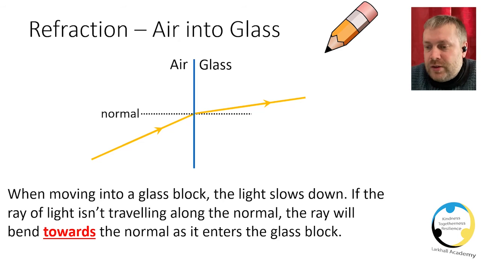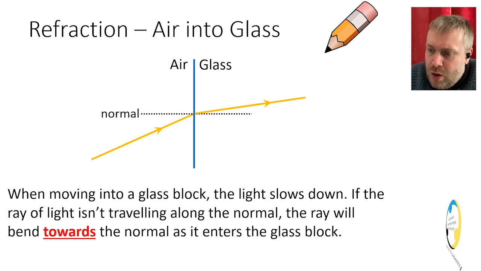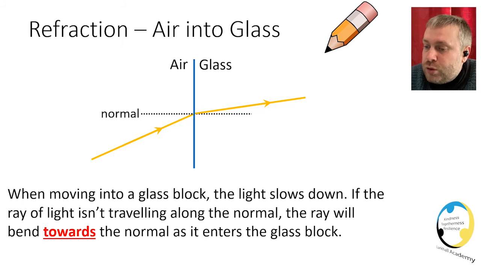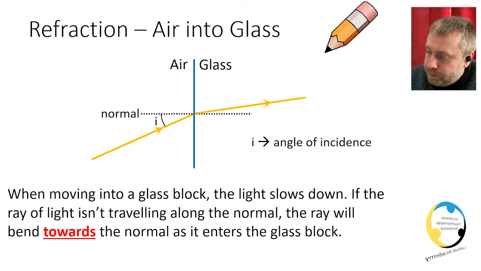So our note that we need to write down: when moving into a glass block, the light slows down. If the ray of light isn't travelling along the normal, and we'll come back to discuss that in a minute, the ray of light will bend towards the normal as it enters the glass block.